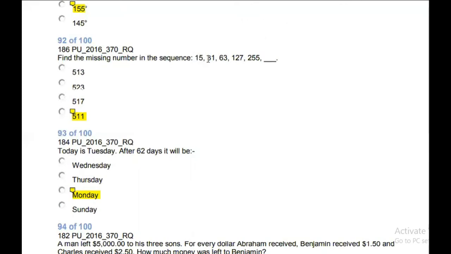So the next element is double of 31, so 31 plus 31 is 62, plus 1 is 63. Then 63 plus 63 is 126, plus 1 is 127.